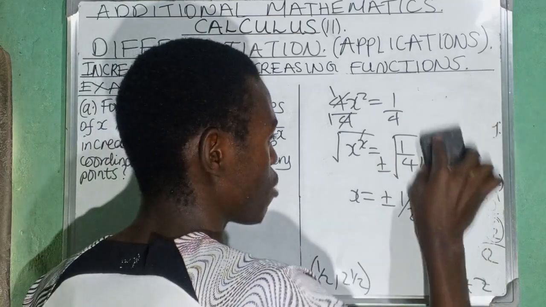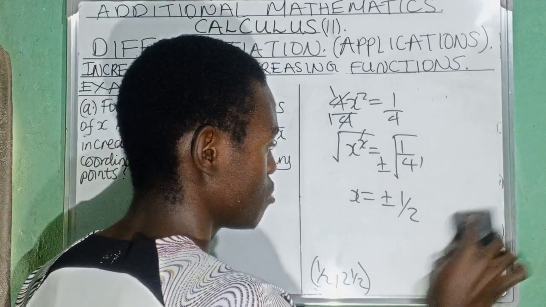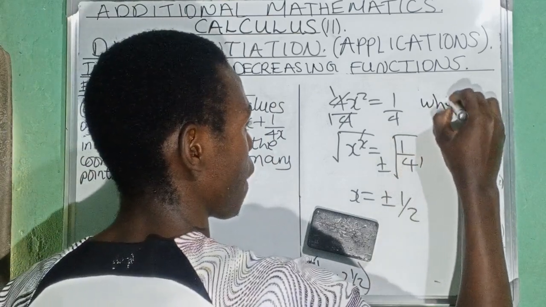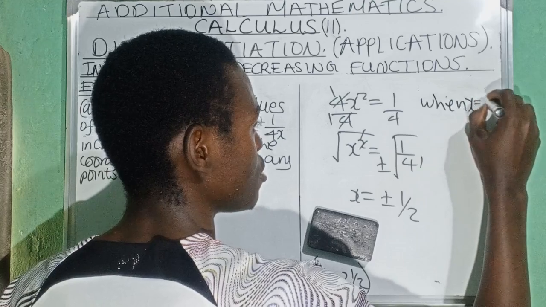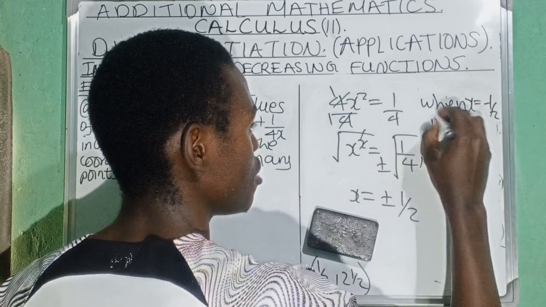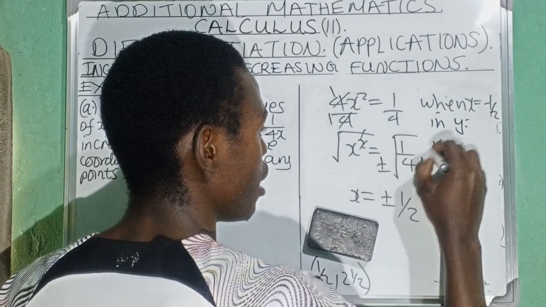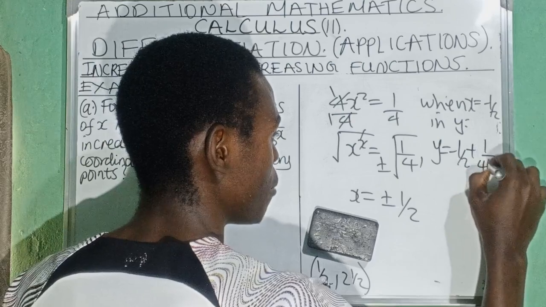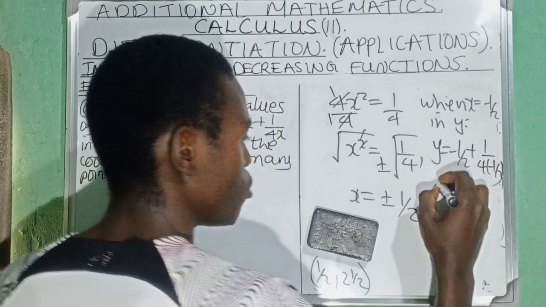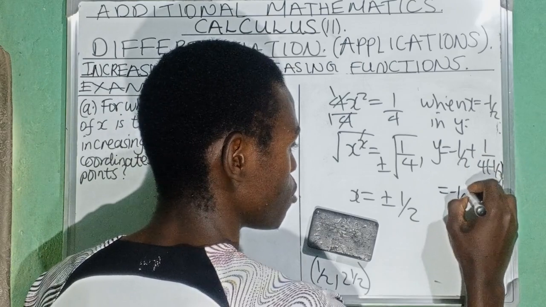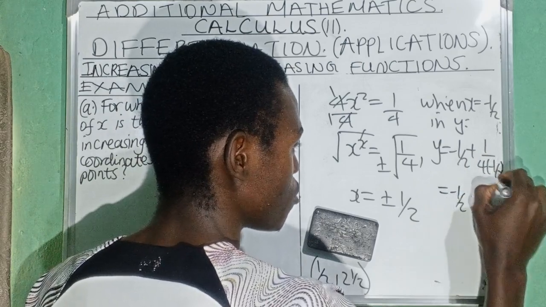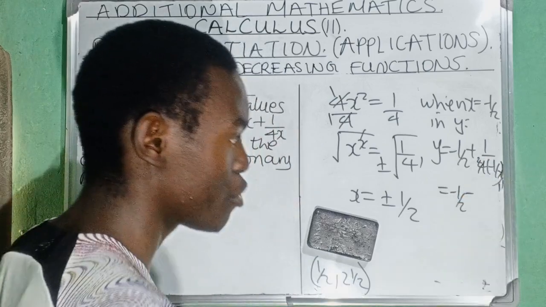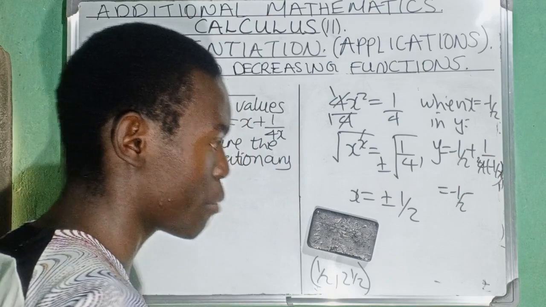like that, or 5 over 2. And then after we have done that, we can also say, when x is equal to negative 1 over 2, in y, y is equal to negative 1 over 2 plus 1 over 4 multiplied by negative 1 over 2, which is equal to negative 1 over 2 plus 1 over negative 2 over 4. It becomes a minus, because you're dividing a plus and a minus sign.